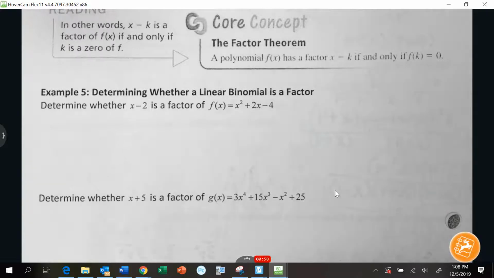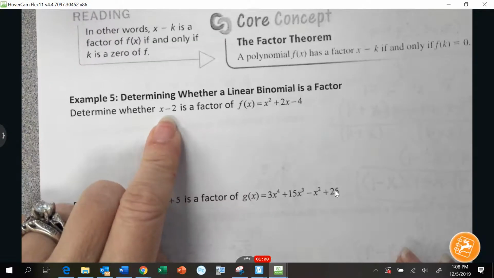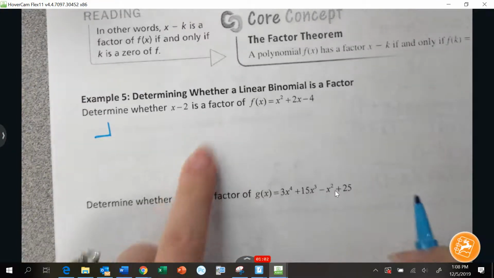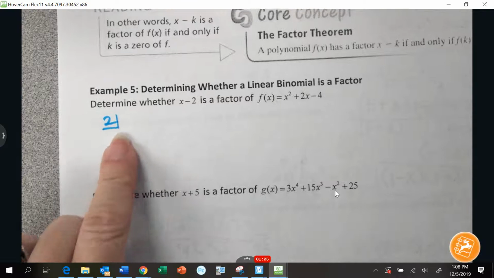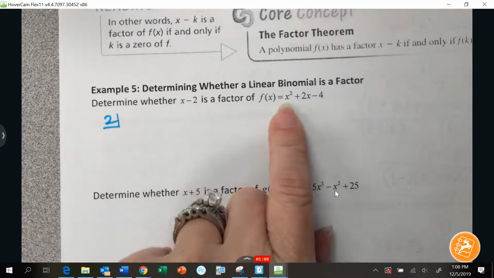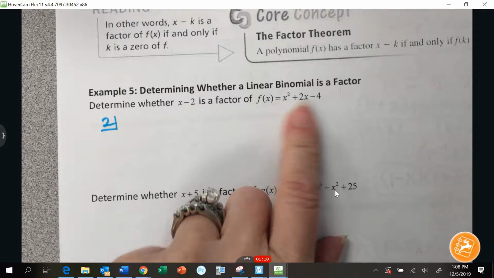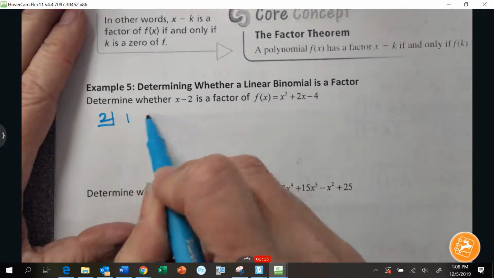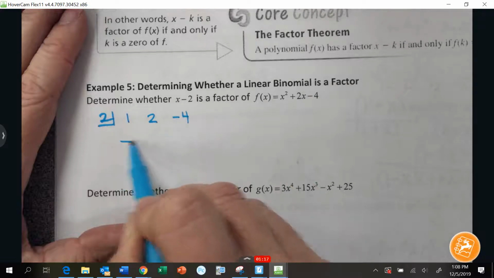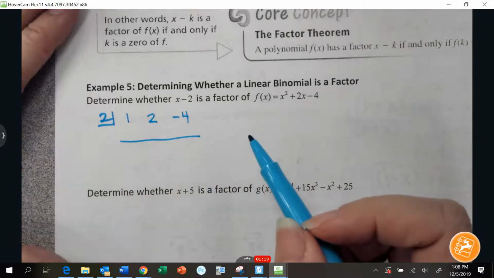So remind us how to do this. What do I use in the little box for synthetic division? I use positive 2. And then I write the coefficients of the f of x, the polynomial. So 1, 2, negative 4. Remember, if any of them are missing, we have to put zeros in.